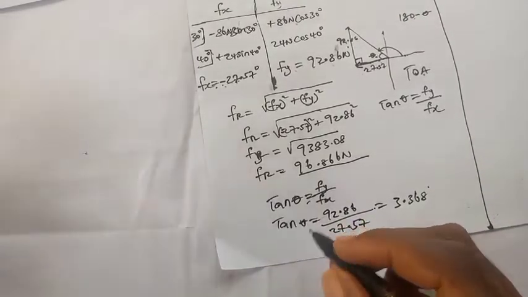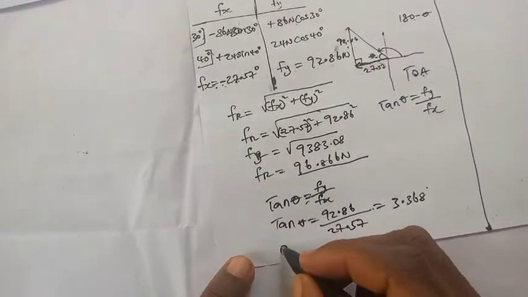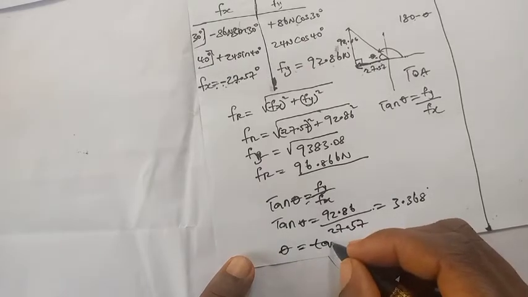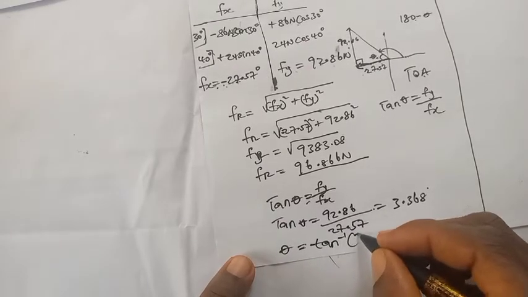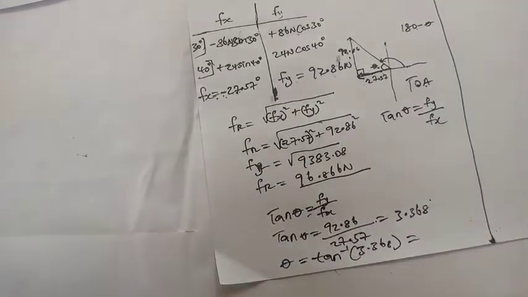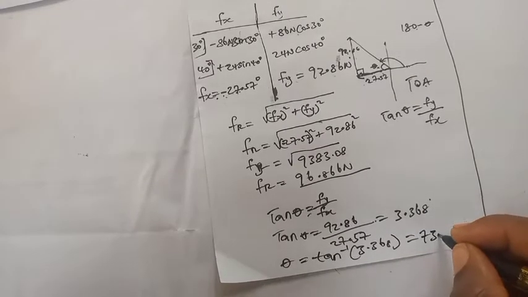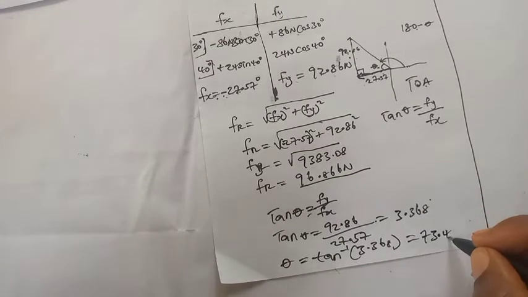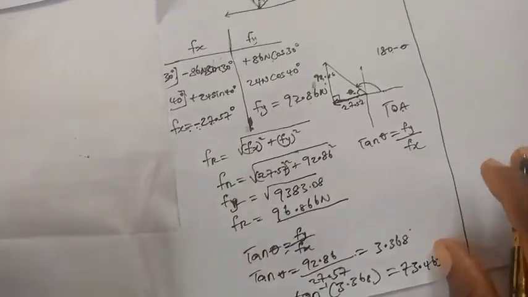So our theta is going to be equal to tan inverse of 3.368. We have 73.463 degrees.